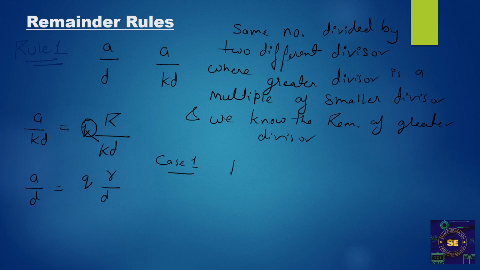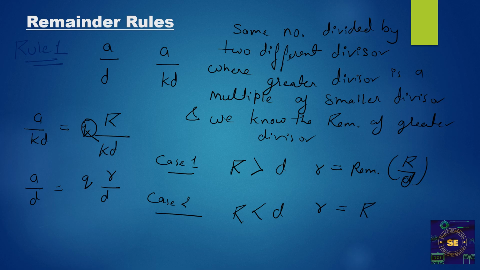Case number 1 says if the greater remainder is larger than the smaller divisor, then the smaller remainder will be the remainder of capital R divided by D. Case number 2 says if the greater remainder is smaller than the smaller divisor, then the smaller remainder will simply be the greater remainder.